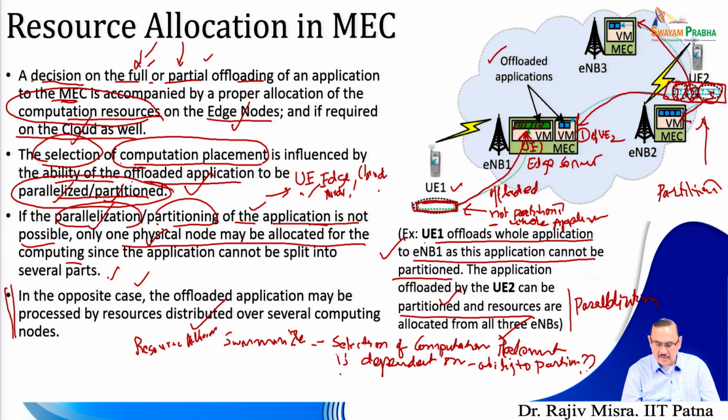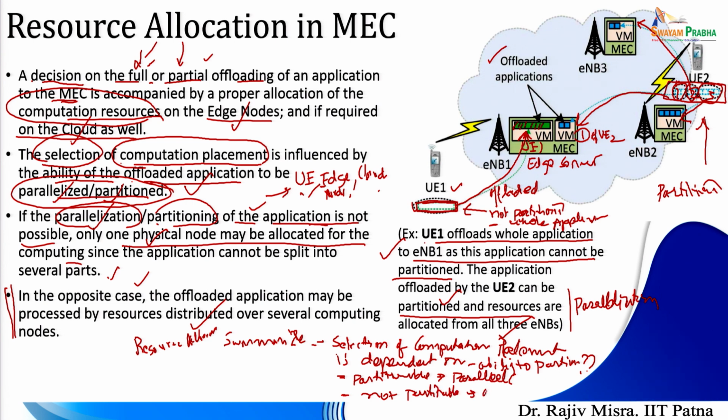If it is partitionable, then it may be possible to execute it in parallel. If it is not partitionable, then it can be offloaded to only one node, that is, one edge node.